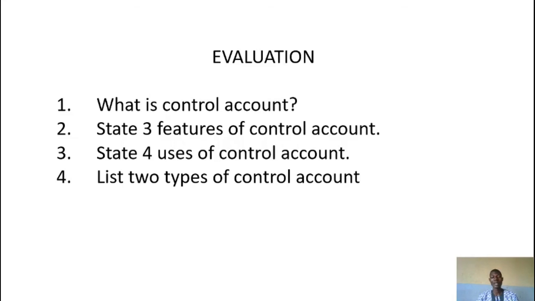Then the types of control account. We mentioned that we have two types of control account, or two divisions of control account. One, sales ledger or debtors ledger control account. Number two, purchases ledger or creditors ledger control account, or in addition, bought ledger.